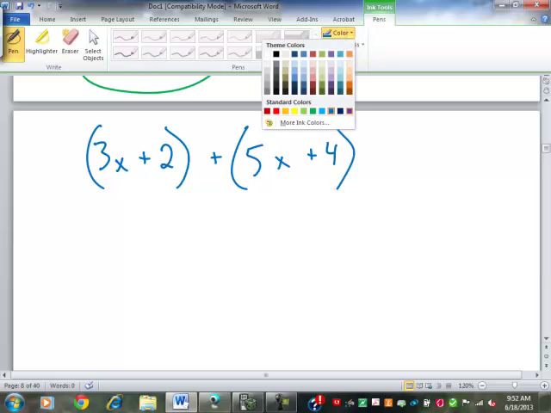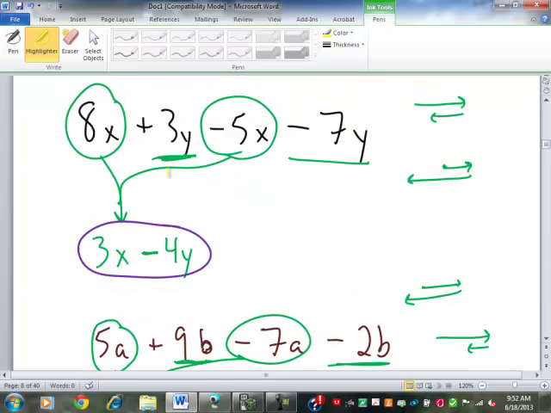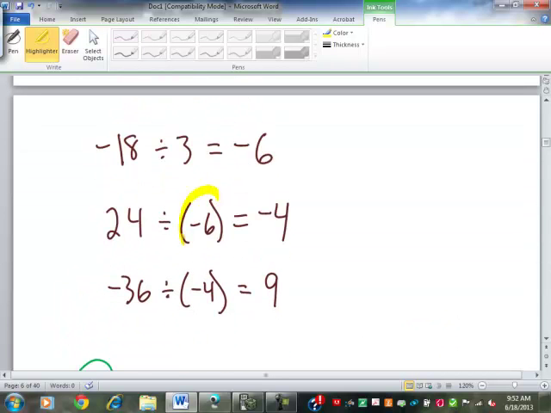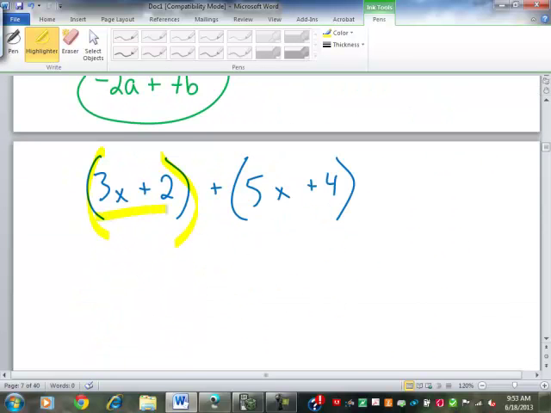Now, when we look at this, the first thing we see are parentheses, which every time we see them, it should scream at us, do something here first. But in this case, there's nothing to do. Just like when we were doing our negatives up here, the parentheses just separated that number from the other one. Same thing is going on here. This 3x plus 2 is really a single number.